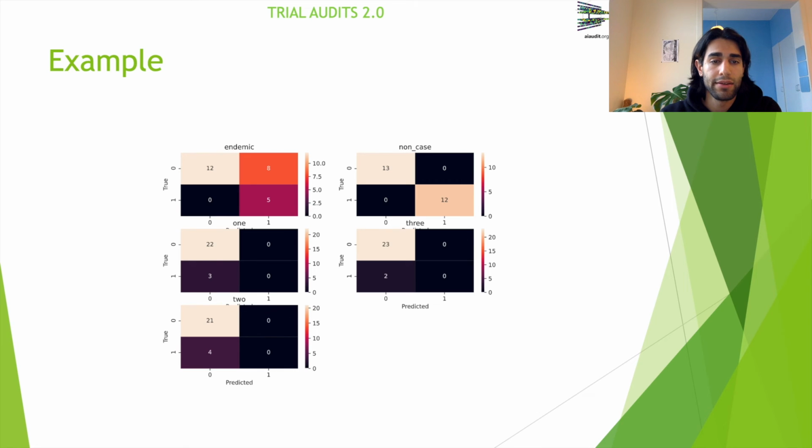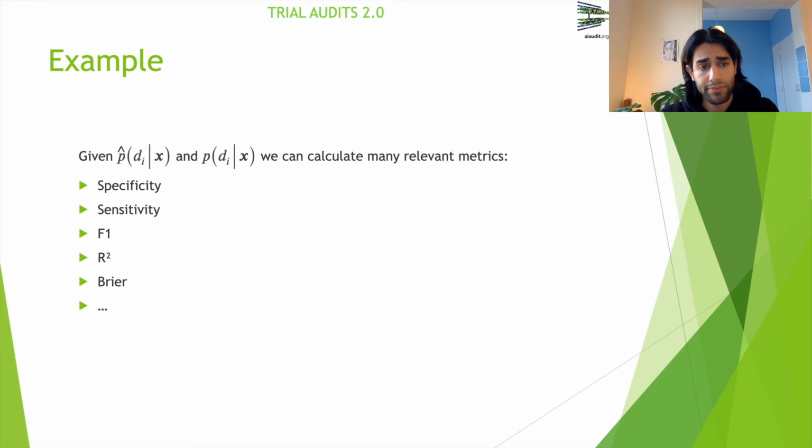When you apply some kind of thresholding, then you get a confusion matrix for all the classes, but you can use all the usual metrics that we typically use in machine learning and AI, which is specificity, sensitivity, F1, R2, Brier, and so forth, because we just get a vector for the true values P of D_i given X and P hat of D_i given X for the predicted values.